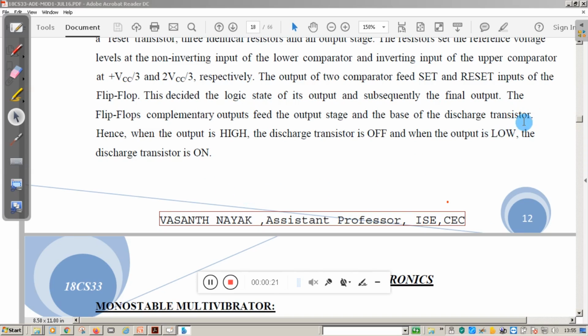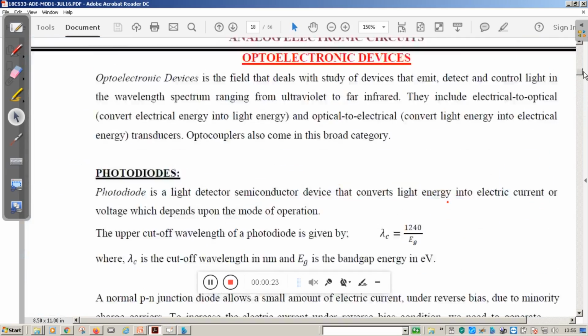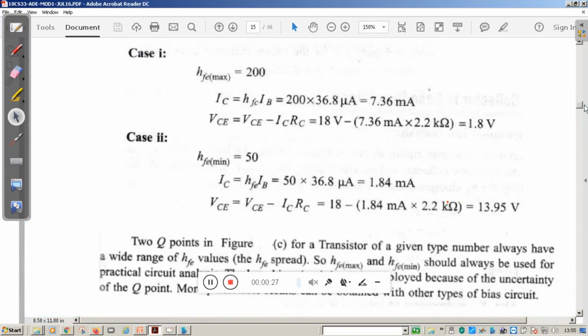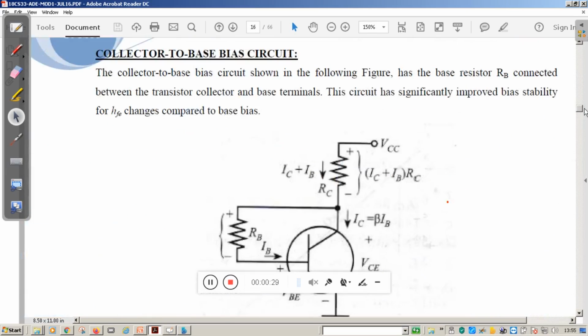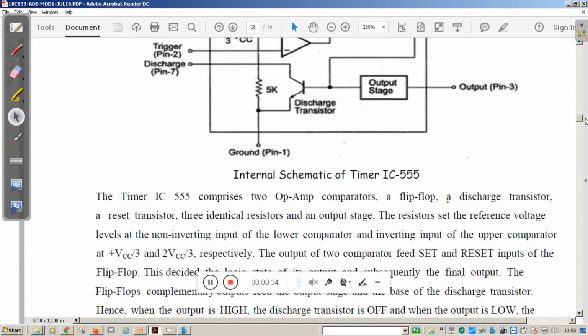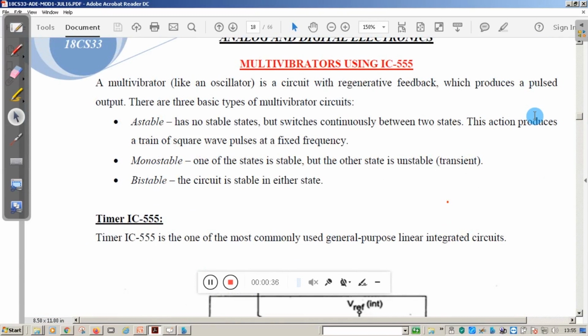In this session we will see an application of the operational amplifier, by using multivibrator circuits. So a multivibrator is like an oscillator, a circuit with regenerative feedback which produces a particular type of waveform.